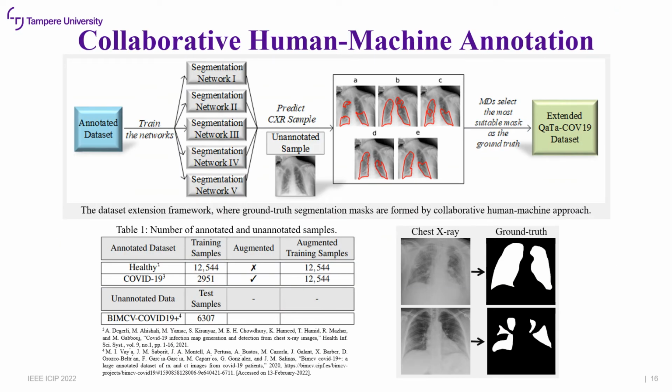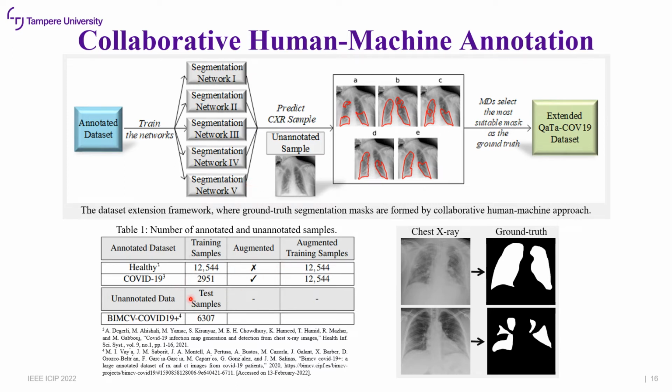So we have extended our dataset by using the collaborative human-machine annotation approach. For this approach, we have annotated data from our previous study. It includes healthy subjects and COVID-19 samples. By using it for training, we have trained 5 different segmentation networks.